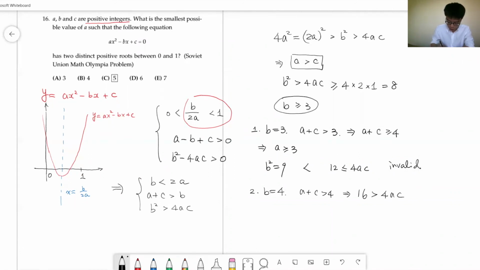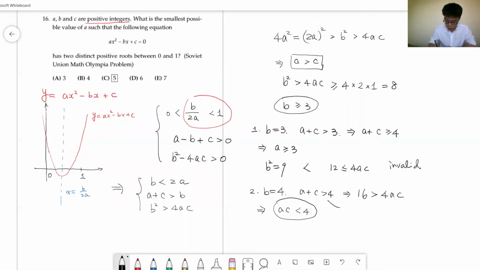So that means a times c is less than 4. A plus c is larger than 4, so it's at least 5. But a times c is less than 4, so there's no solution.